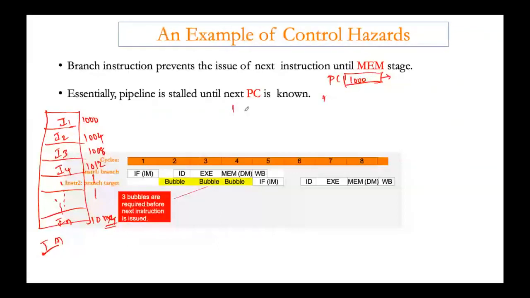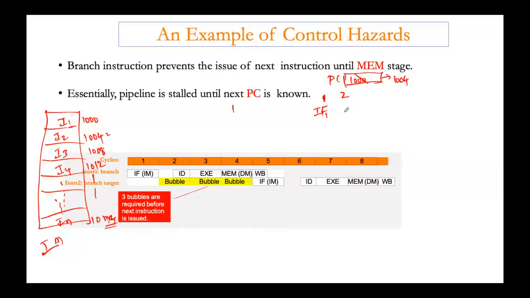So instruction 1 is fetched in cycle 1, the instruction fetching stage, we say IF1. As soon as this instruction is fetched, the program counter is updated with the next address, PC plus 4, so the next address is 1004.